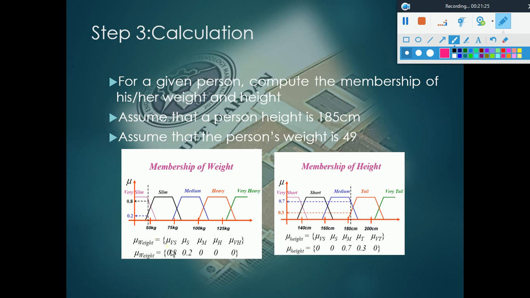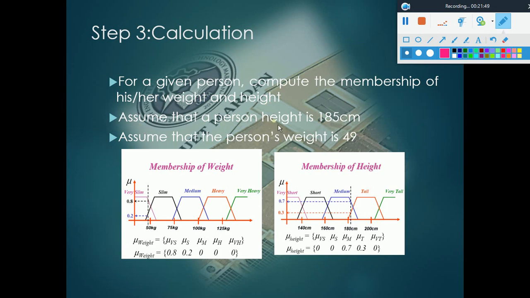For example, if we divide these functions into values, for a given person, compute the membership of his or her weight and height.